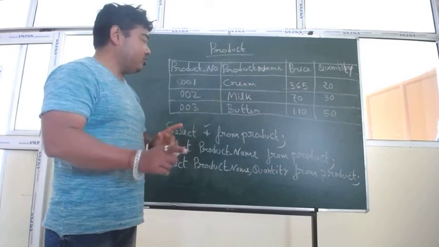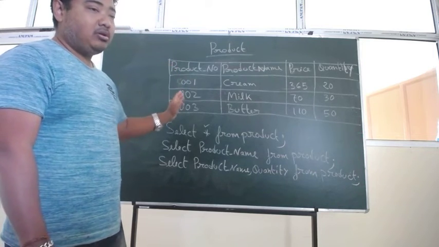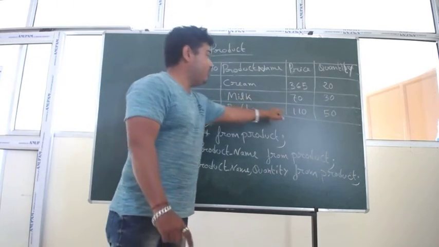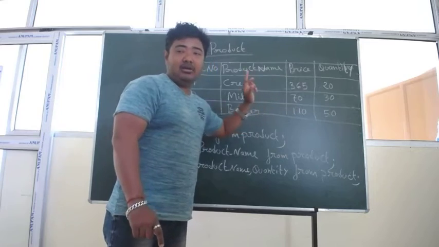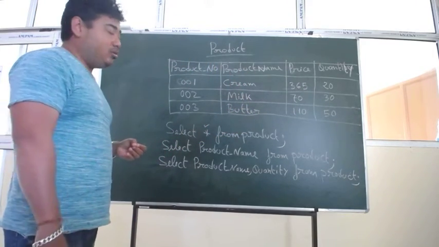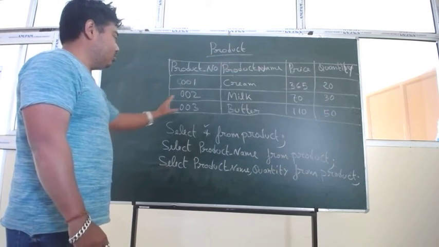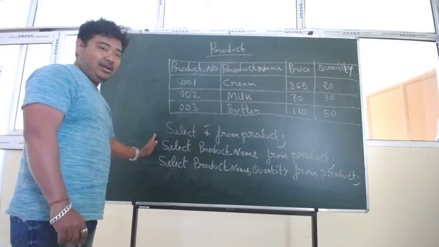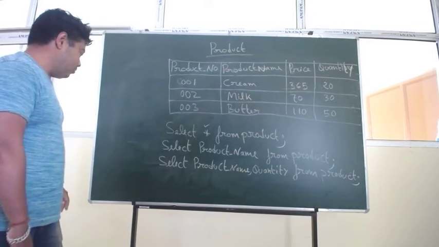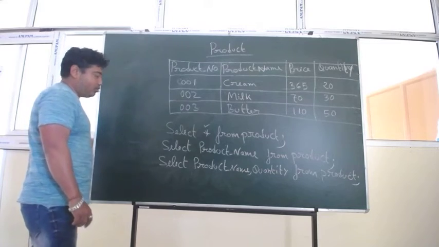Or I want to see all the product names where the price is 110. Like this, conditions may be there. So in that case we will go for the where clause. Up to here I think this is clear. So next we are going to use the where clause. Now see how to use the where clause.